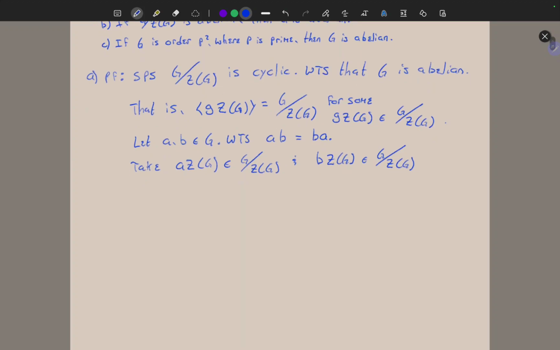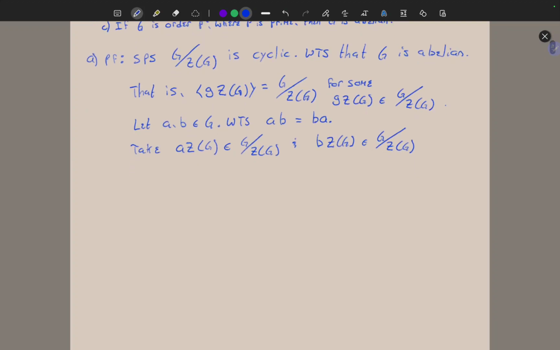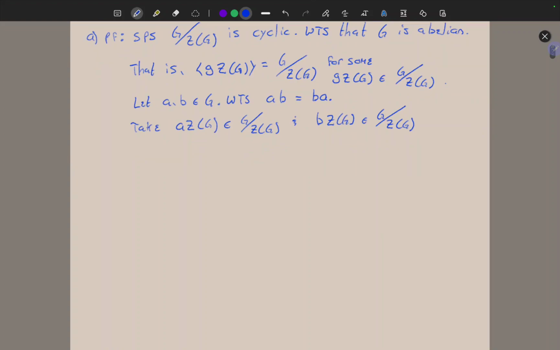Now, since G mod its center is cyclic, what can we say about these two elements? Since G mod its center is cyclic and it's being generated by some element, we can write every element in this quotient group as an integral power of this element.